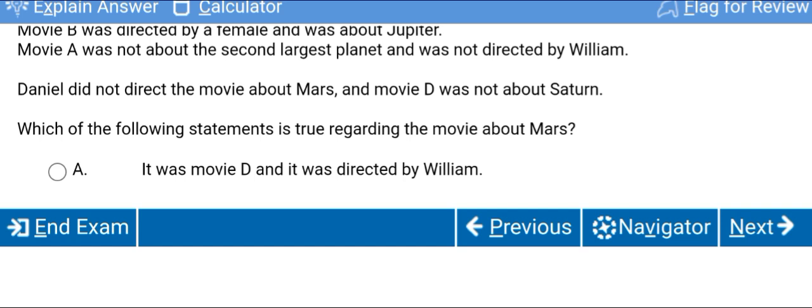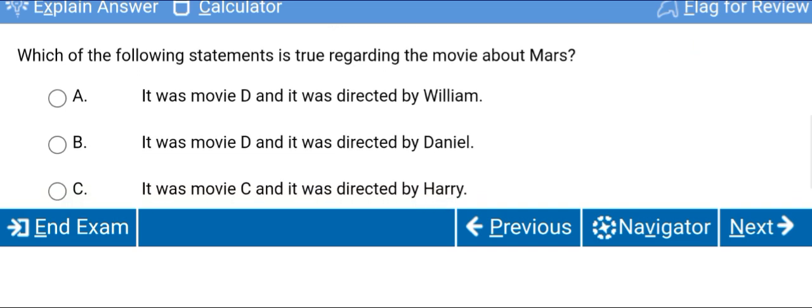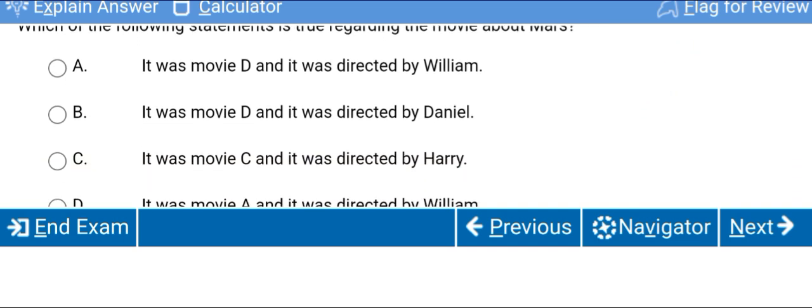Which of the following statements is true regarding the movie about Mars? Option A, it was movie D and it was directed by William.